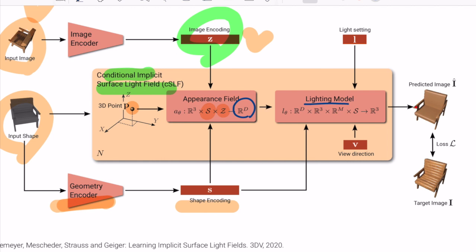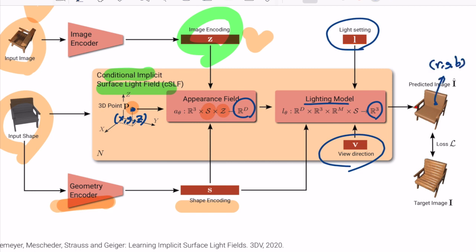It takes the light setting and view direction, then directly estimates the 3D color. For example, if we know x, y, z as the location of the 3D point, then this is going to be the color, let's say RGB, in the 3D space.